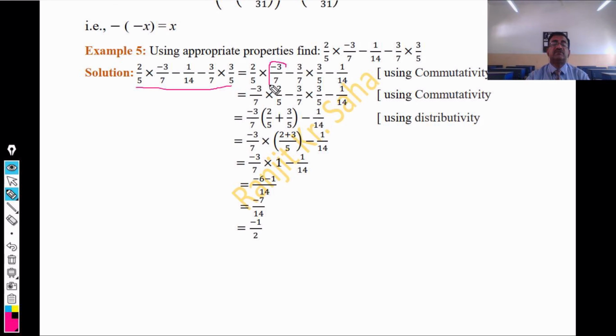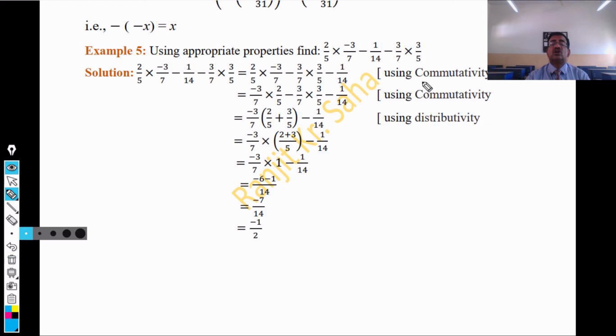Here you have minus 3 by 7. Here also you have 3 by 7, and not only 3 by 7, you have minus 3 by 7. Then first of all, take this minus 3 by 7, that is, just interchange the places. You change the second place to the first place, and the first place to the second place.